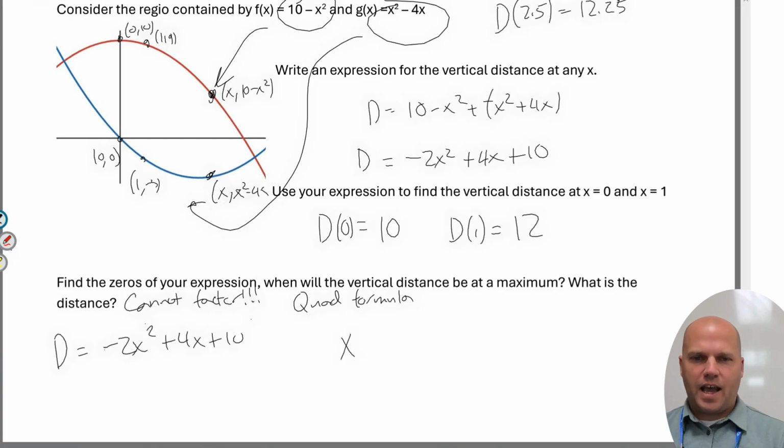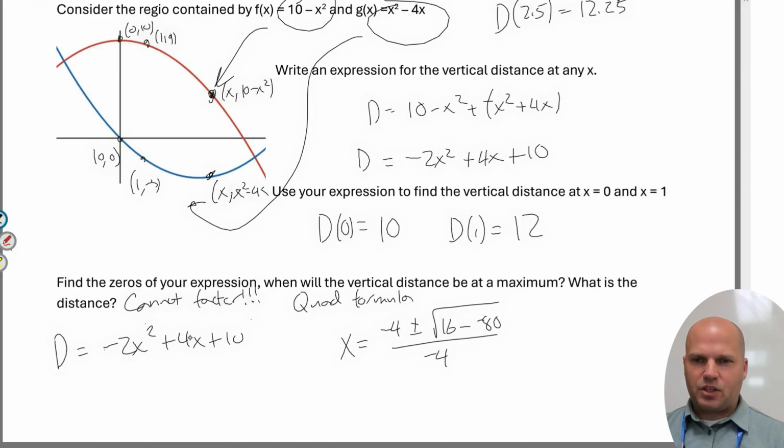Quadratic formula says x equals the opposite of b plus or minus the square root of b squared minus 4 times a times c, 4 times negative 2 times 10. 4 times negative 2 is negative 8 times 10 is negative 80, all over 2 times a.